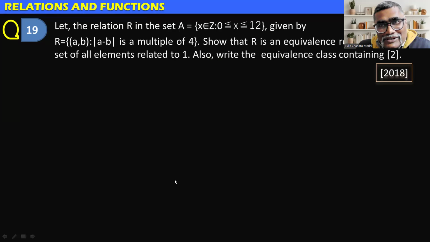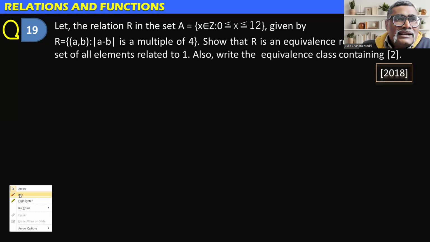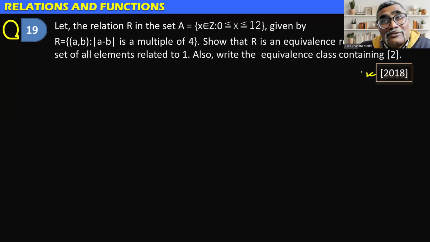Now this is the last question, and I think I need not complete it because this is a question from the book. I took it because I wanted to show you that this question is repeatedly coming. I mentioned earlier in MCQ, then one question in short answer type, and this is long answer type. So it is a question from the book. So obviously I need not do it.